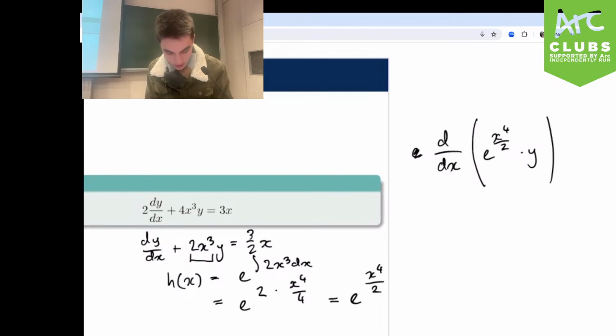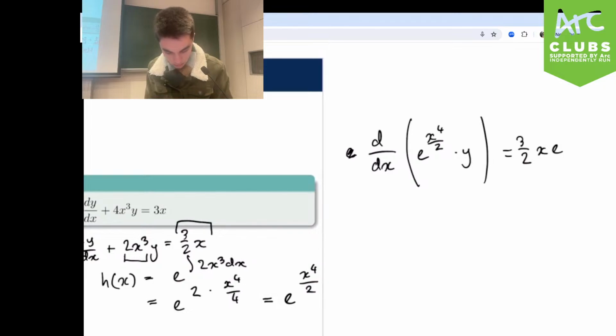That's on our left-hand side. And on the right-hand side, it's going to be equal to whatever we had before, which was 3 on 2x, times our integrating factor, e to the x to the 4 over 2, okay? So 3 over 2 x e to the x to the 4 on 2, all right?